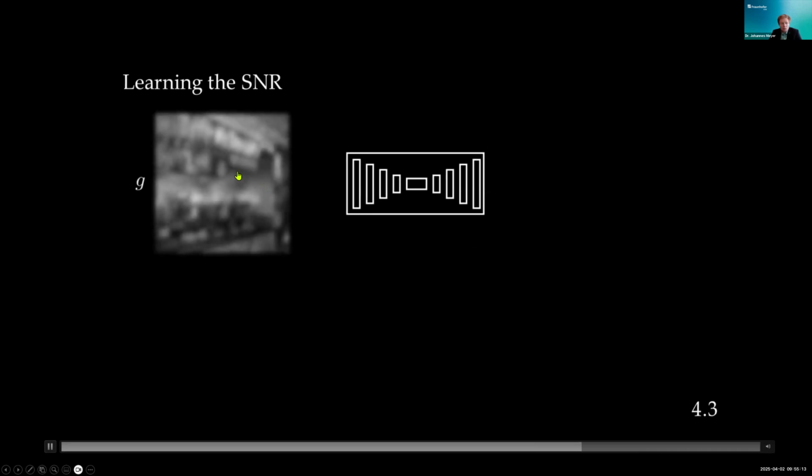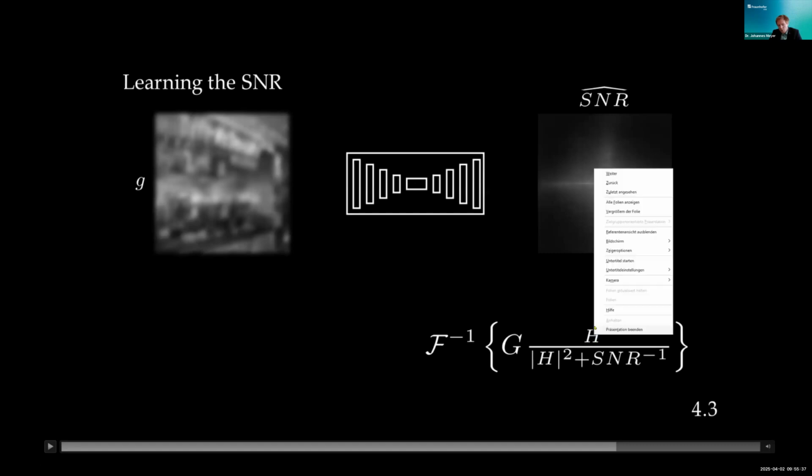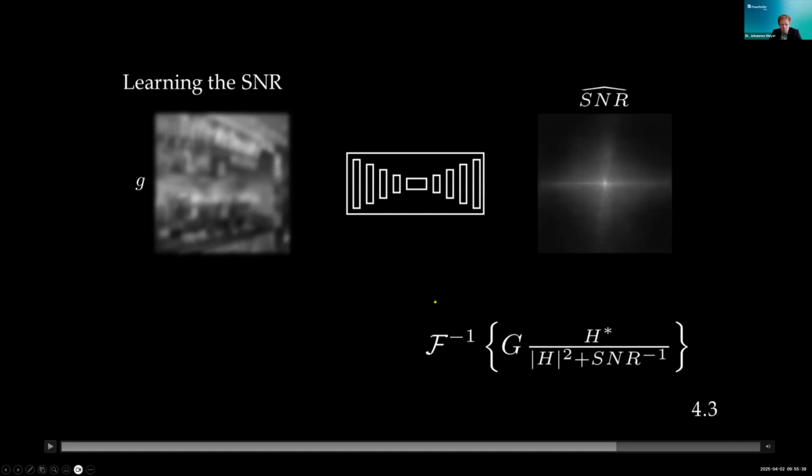And now if we have a new observation that is heavily blurred, we are able to feed it into our trained neural network. Our network will respond with an estimation of the signal-to-noise ratio. Then we can, as the next step, set up our Wiener filter, where we have the Fourier transform of our observation, the Fourier transform of the point spread function that we have estimated before, and down here, the signal to noise ratio.